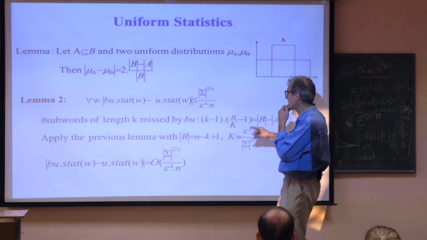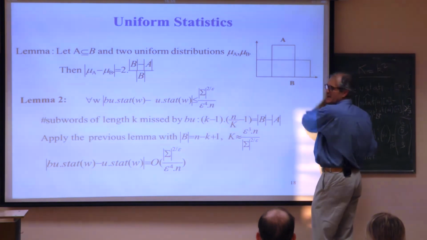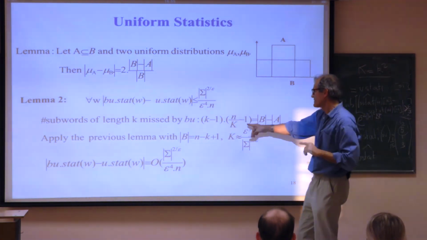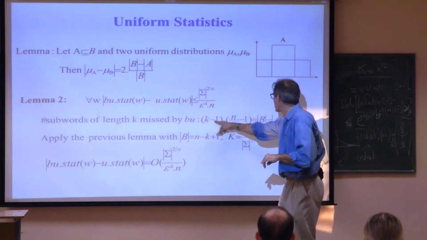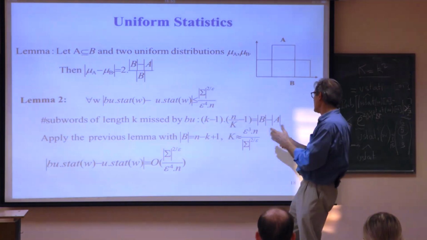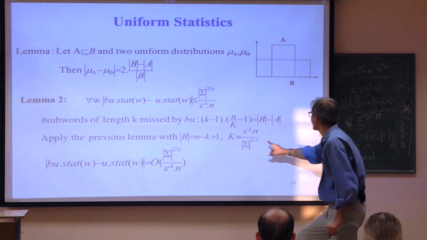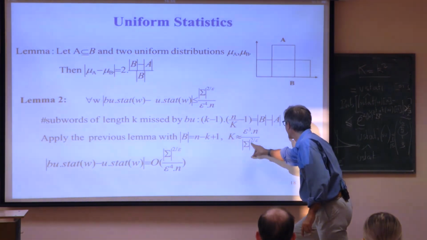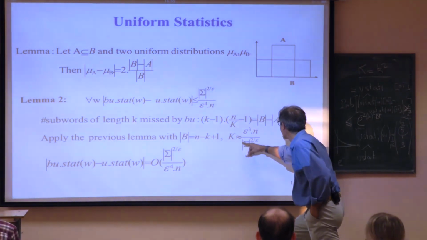So now I have to estimate how many blocks I'm missing, the number of blocks that are missing, which corresponds to B minus A. I compute it like this, and K could actually be bigger than what I said before.